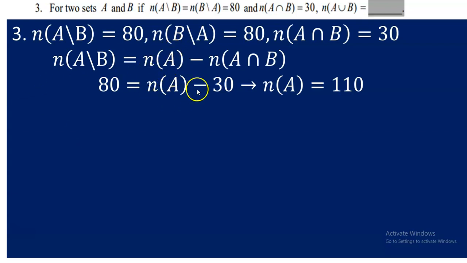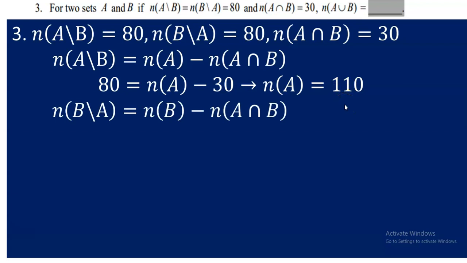We don't know what the number of A is, so let's have that as it is. But we know what the number of A intersection B is. It is 30. So from this, one can simply know what the number of A is going to be. It's a matter of taking minus 30 to the right, to the left. So the number of A is going to be 80 plus 30, which actually is 110. So the number of elements in set A is 110.